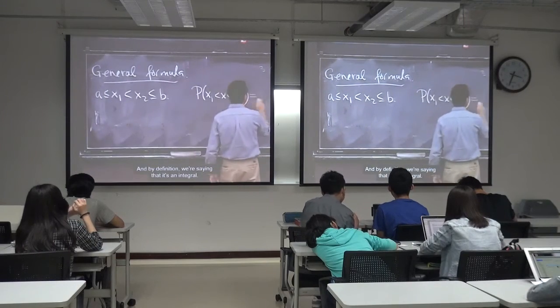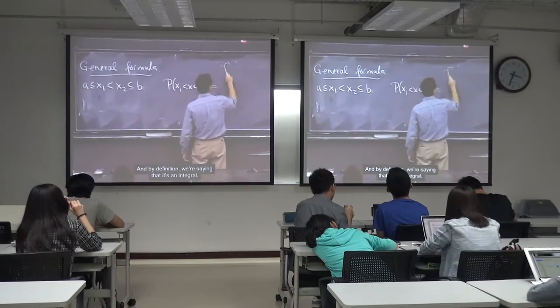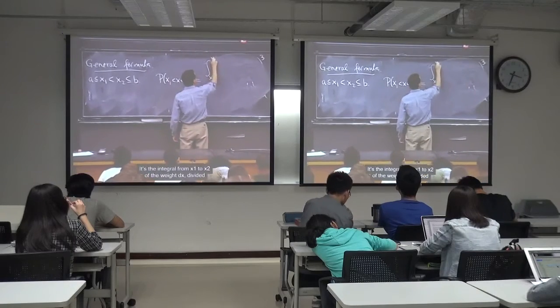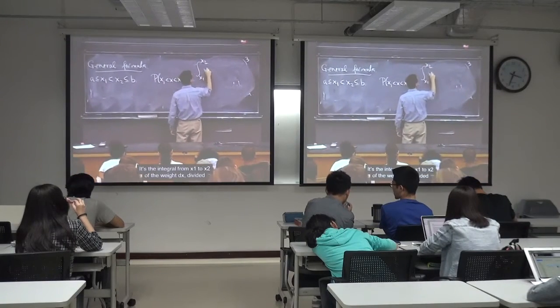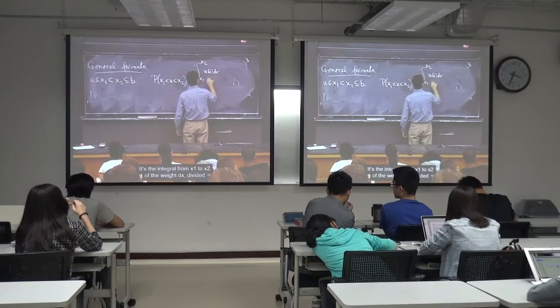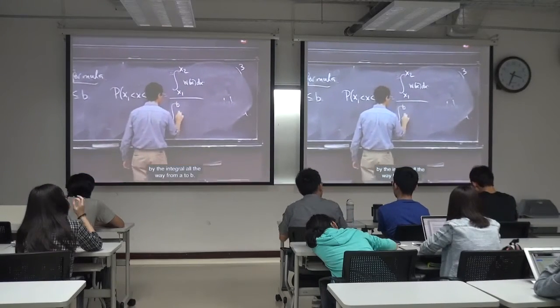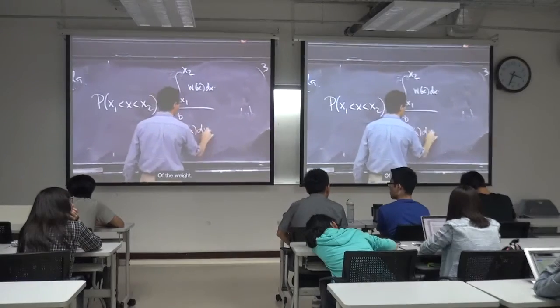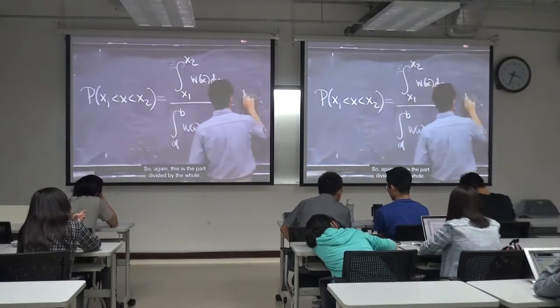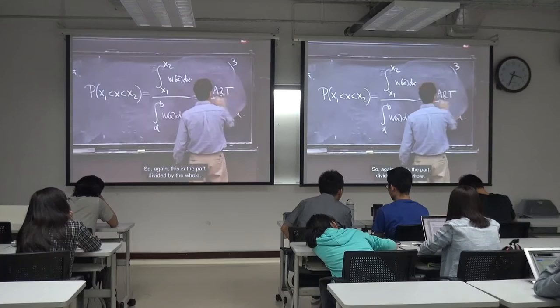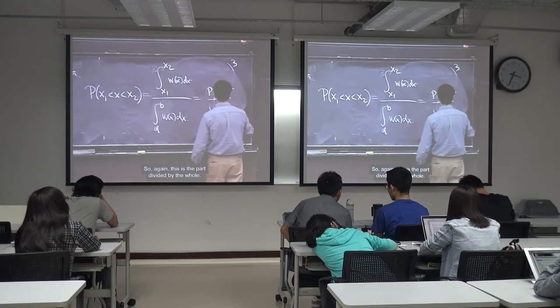And by definition, it's an integral. It's the integral from x1 to x2 of the weight dx divided by the integral all the way from A to B. So again, this is the part divided by the whole.